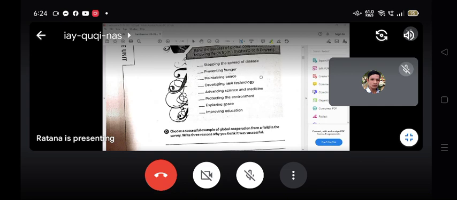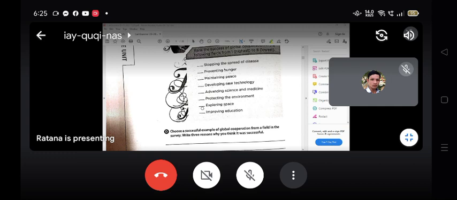You can see our military goes to other countries to maintain peace, to join the UN as peacekeepers. Number 4, developing new technologies. Number 5, advancing science and medicine. Number 6, protecting the environment.